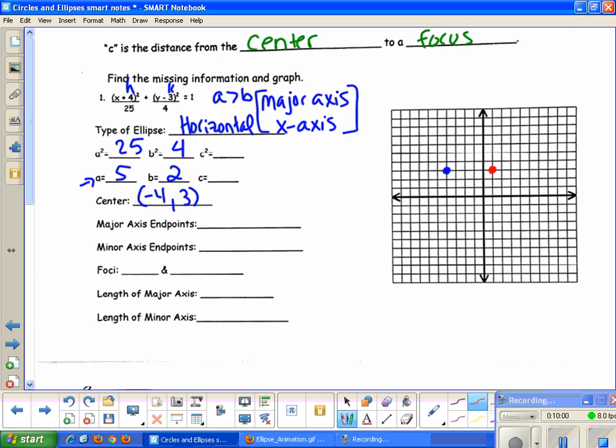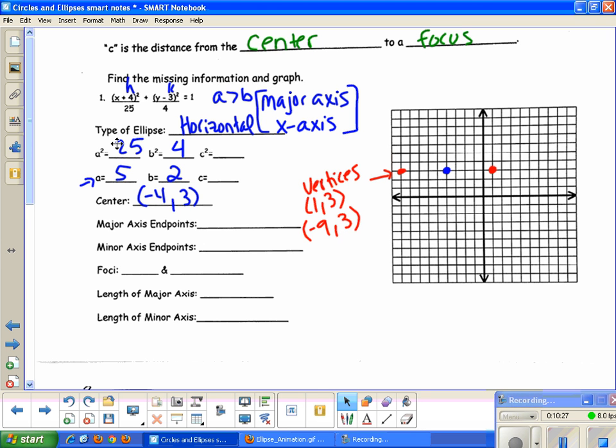To the left, 1, 2, 3, 4, 5 would be right here. So these are also called the vertices. So we have vertices at 1, 3, and also negative 9, 3.